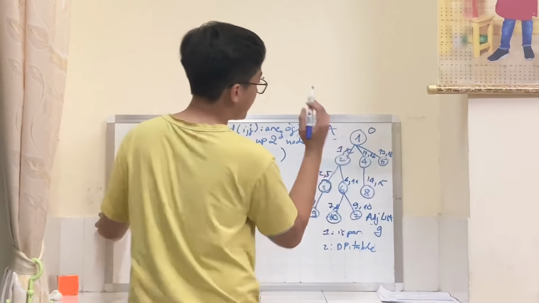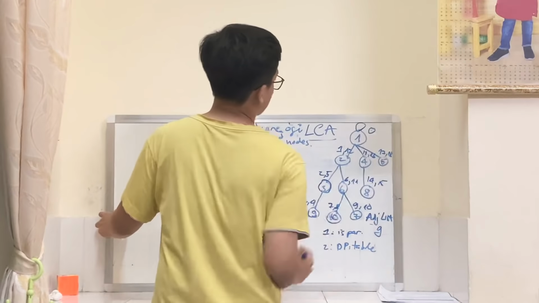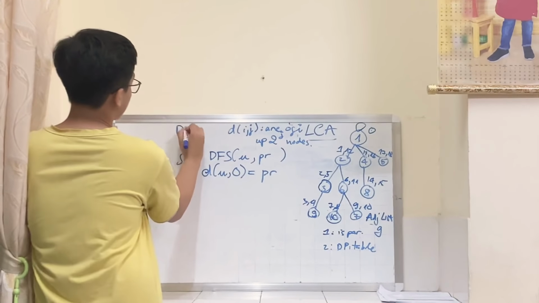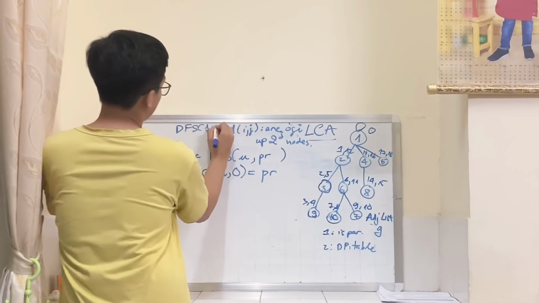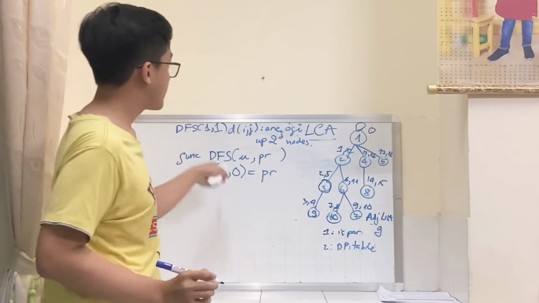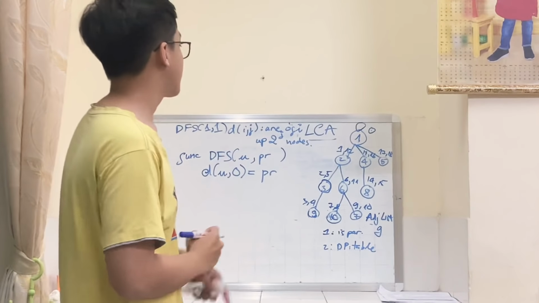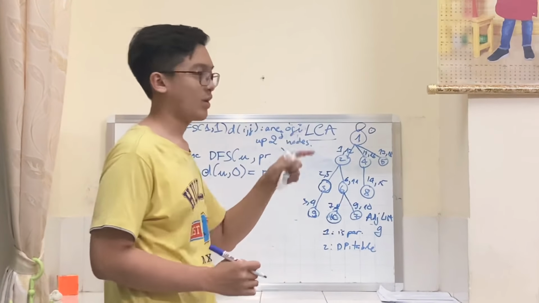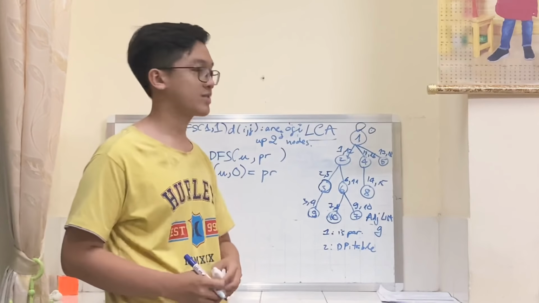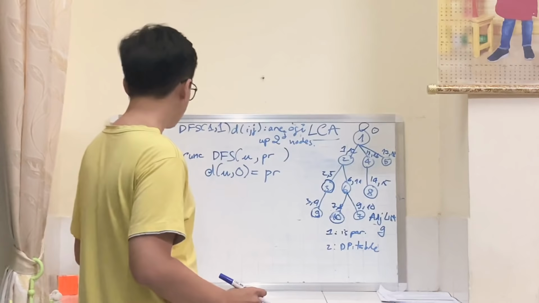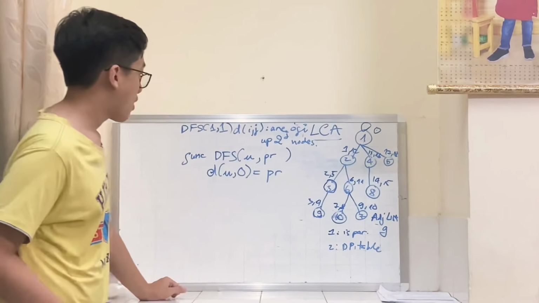The parent of the root node is itself. So first I'll call DFS on 1, so D[1][0] is 1. D[1][2] is 1, D[1][3] is 1, D[1][4] is 1. D[U][0] is PR.